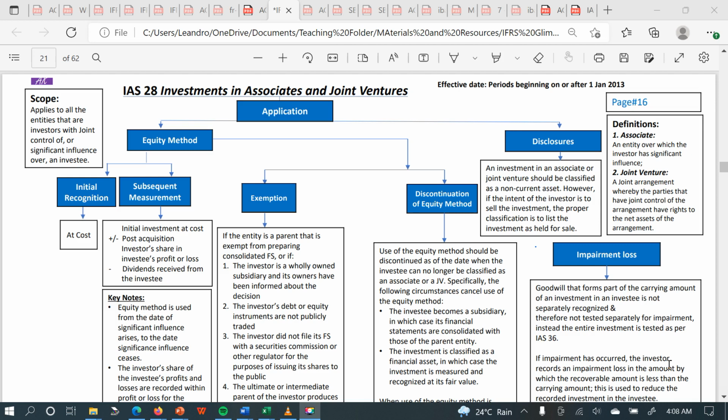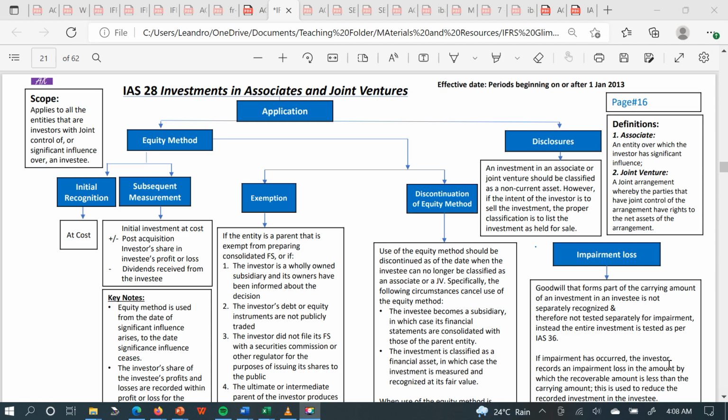So we have already identified that when an investor invests and the investment gives significant influence, the investor must apply the provisions of IAS 28 to account for the investment.